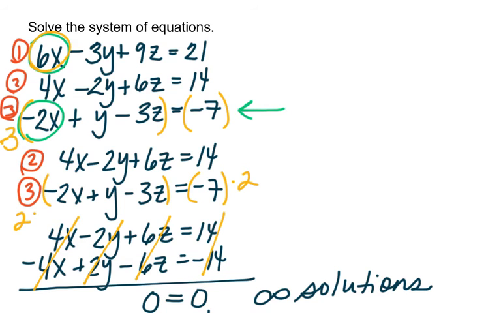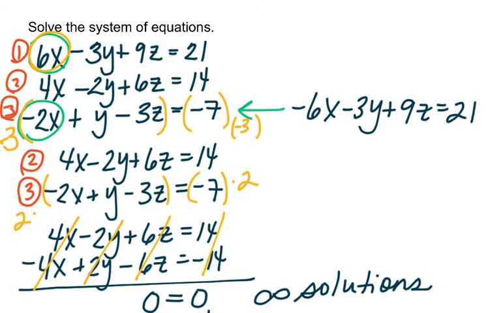So look what happens if I multiply the third equation by negative 3. We would end up with negative 6x minus 3y plus 9z is equal to 21, if I multiply my third equation by negative 3. And now, compare that with the top equation.